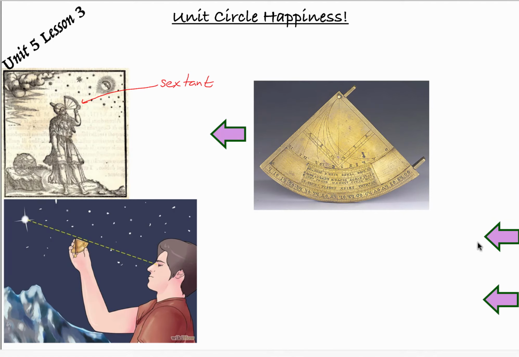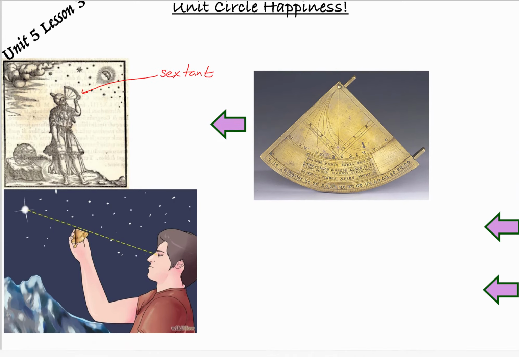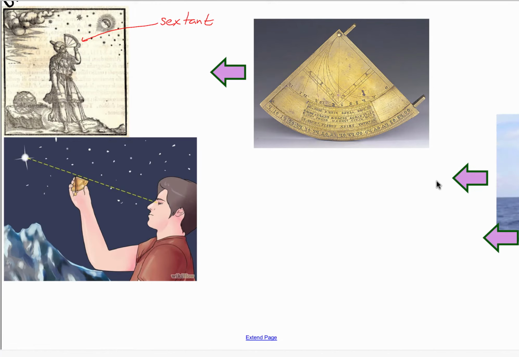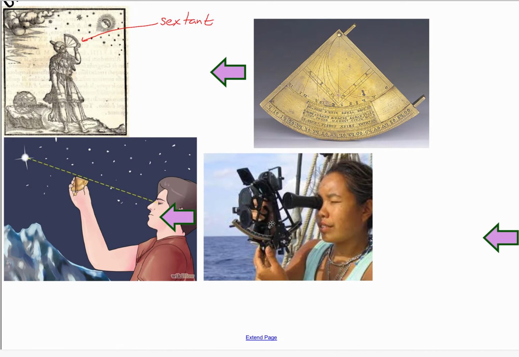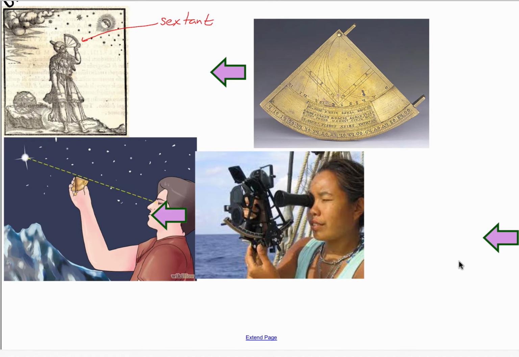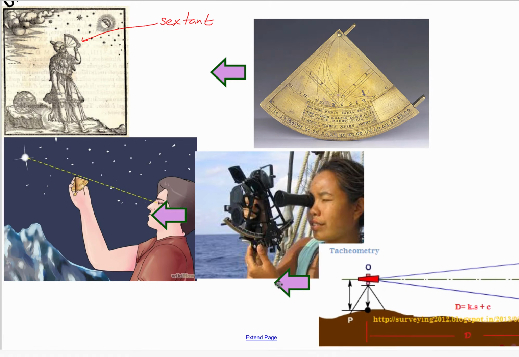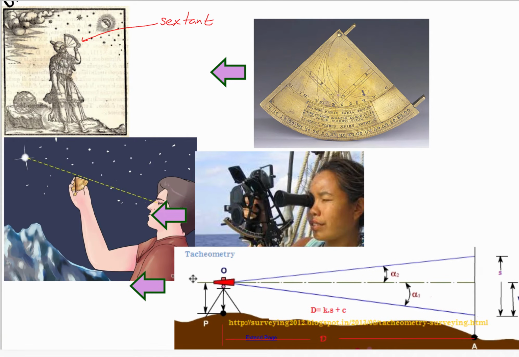That's what it looks like close up. And in the modern world, it's still used a lot in sailing. And it's actually used in engineering. You may see them a lot on the side of the road when they're trying to survey.